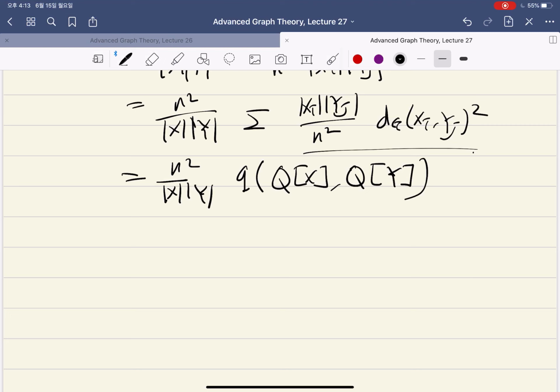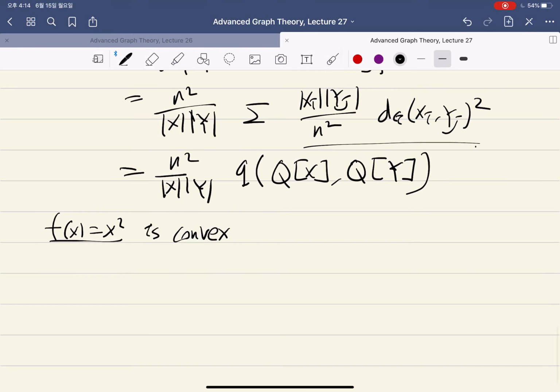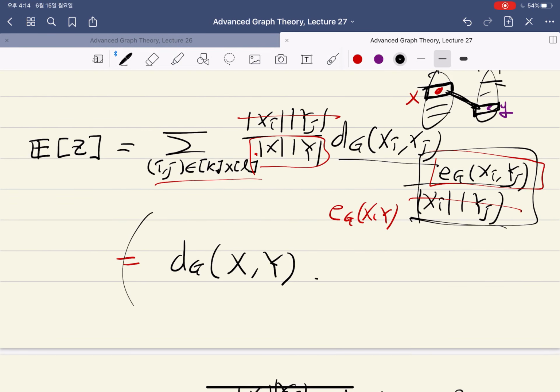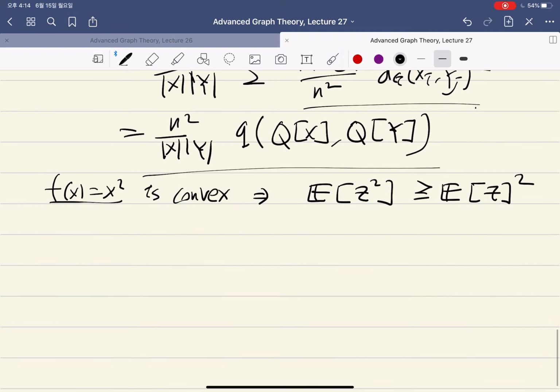And we know that the squaring function f(x) = x squared is convex. So what you know is the expectation of G squared is at least the expectation of G, squared. That means this is bigger than this square.